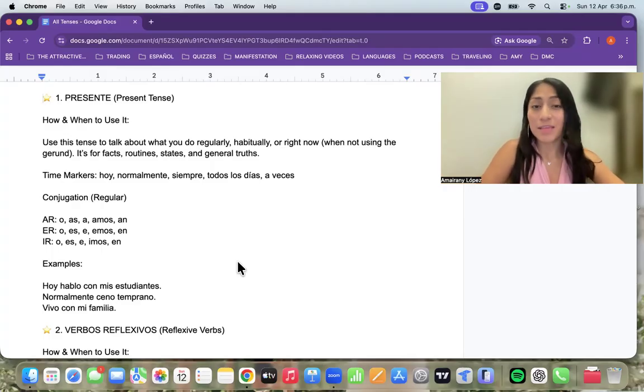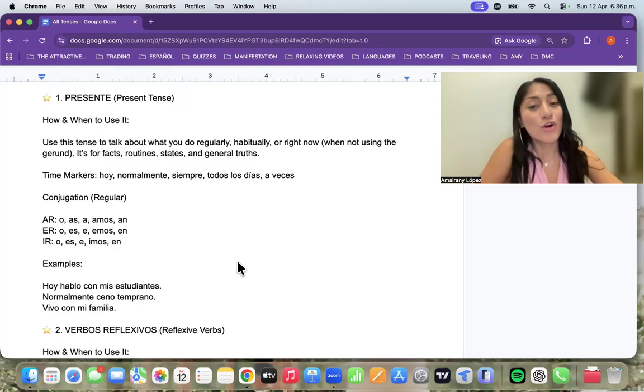So, something that is really cool about this is that you can use it with adverbs of frequency. What are adverbs of frequency? Well, those are the words that tell us when something is happening. So if I say, for example, siempre, which means always, that's something that happens 100% of the time.